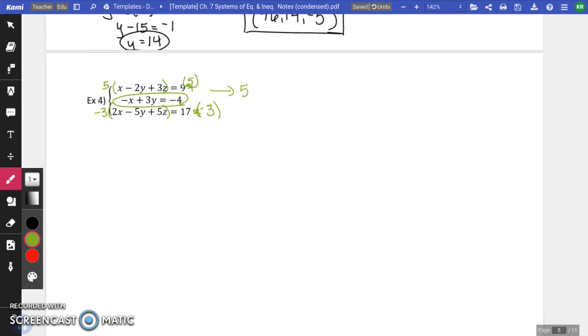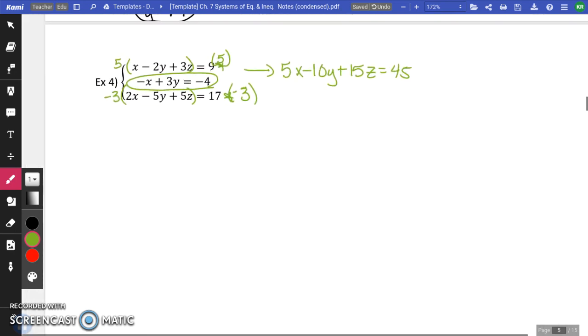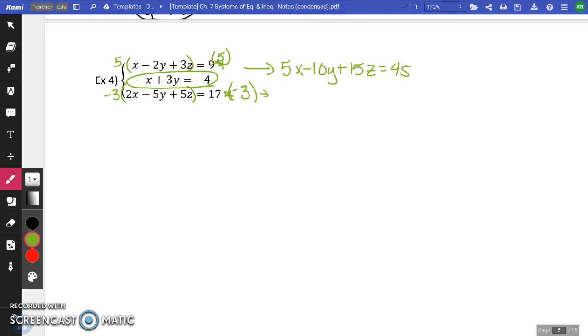So this is going to be 5x minus 10y plus 15z equals 45. Then this third equation is going to be -6x plus 15y minus 15z equals 17 times 3, so -51.